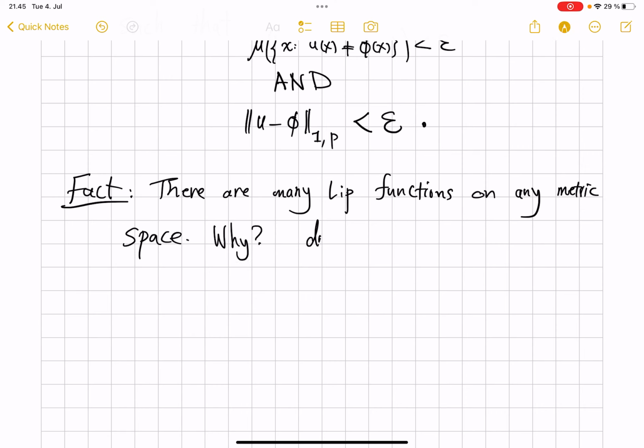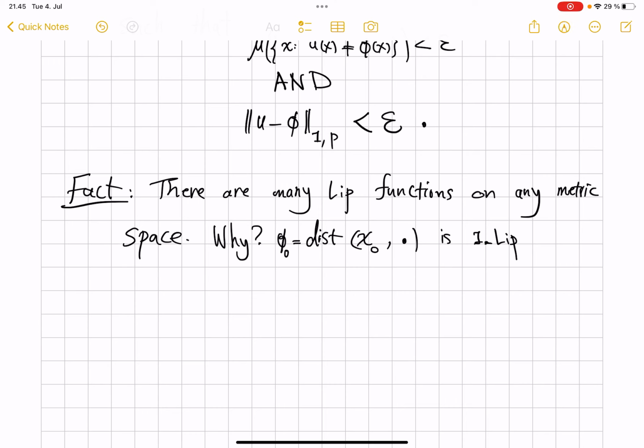Well, fix a point, x naught, and look at the function that measures its distance to another one. This is one Lipschitz function. And unless your space is a finite set of points, this is an interesting function. Okay, so let's call this phi 0.